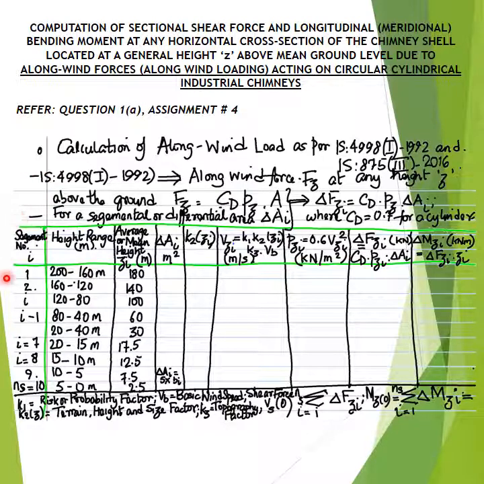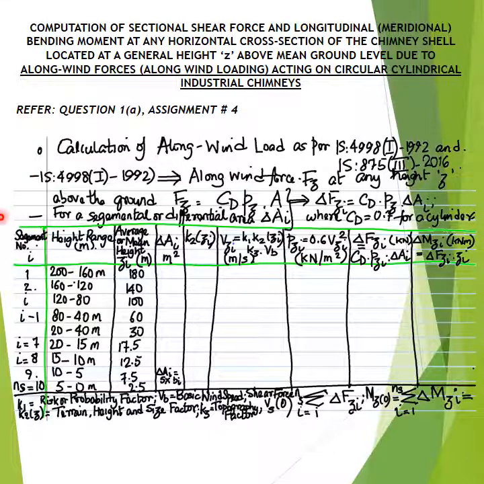may be subdivided into segments numbered using the index I, where I ranges from 1 to 10, since the minimum number of segments that need to be considered for an industrial chimney for calculation of along wind load as per IS 4998 part 1 are 10.